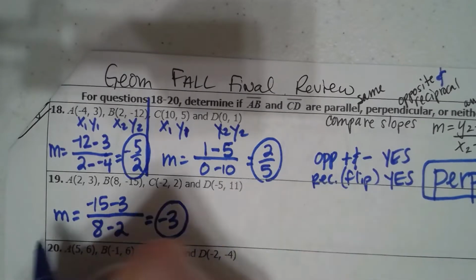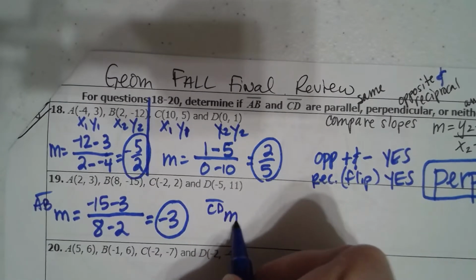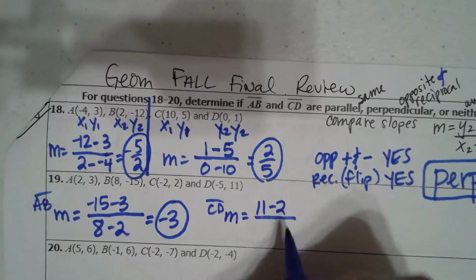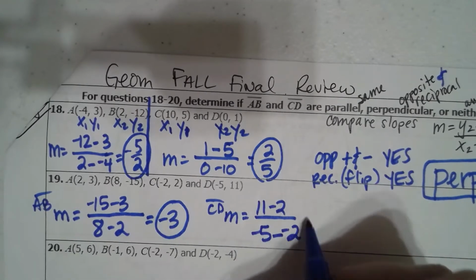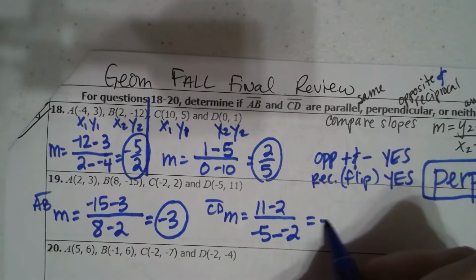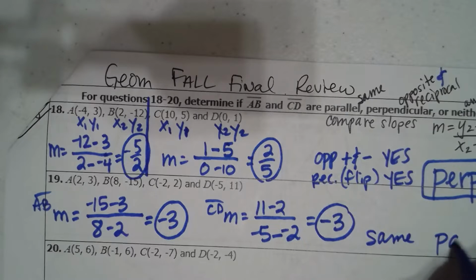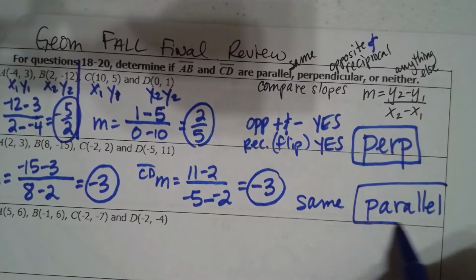So for CD, the slope is going to be 11 minus 2 over negative 5 minus negative 2. So 9 divided by negative 3 makes negative 3. What do you notice about those? They are the same. So if they are the same, these lines are parallel.